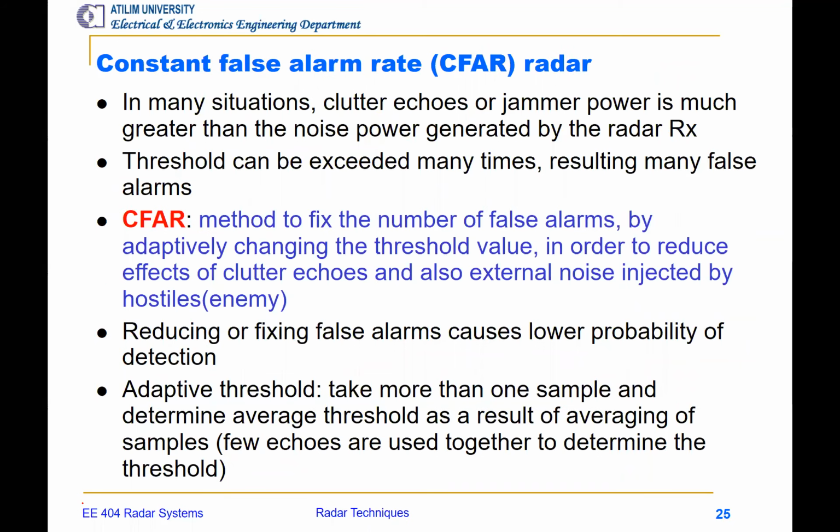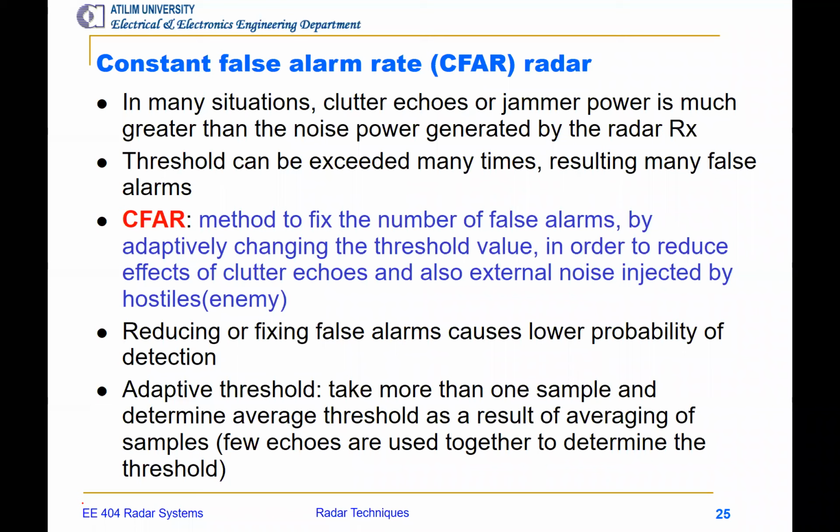So this comes to the constant false alarm rate radar, where we adaptively change the threshold according to the clutter echo signals and external noise. The idea is quite simple. We take many samples and then get the average.